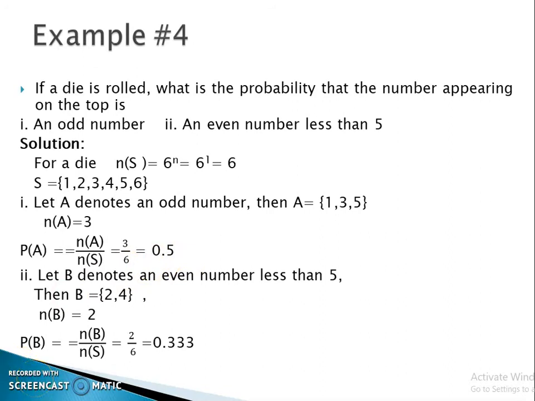Example number 4. If a die is rolled, what is the probability that the number appearing on the top is an odd number, an even number less than 5?